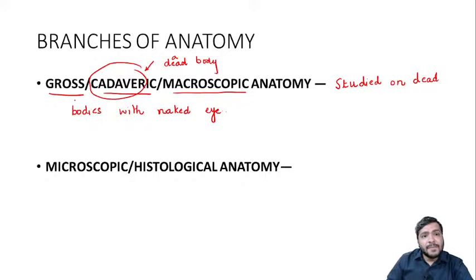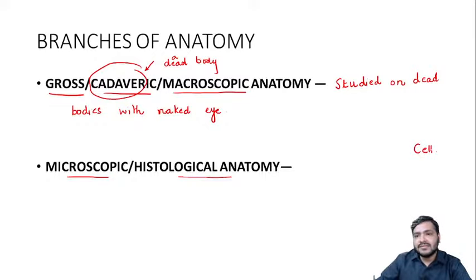Coming to the next branch of anatomy, that is the microscopic anatomy, also known as histological anatomy. You all know that the cell is the basic unit of life. Cells combine and form tissues.